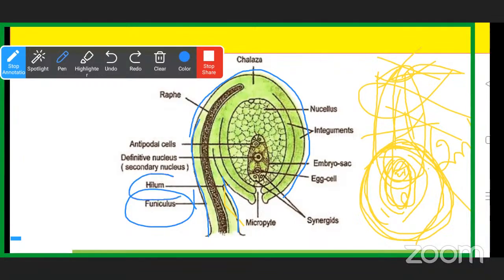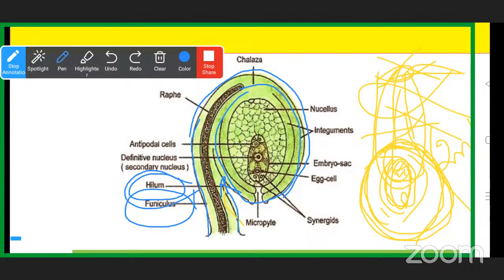The hilum is the point of attachment of the funicle with the ovule, the stalk with the megasporangium. The point where they are attached we call the hilum.